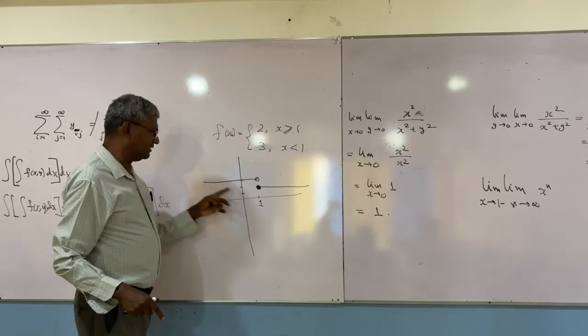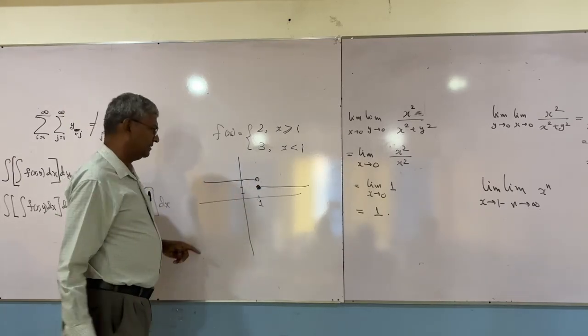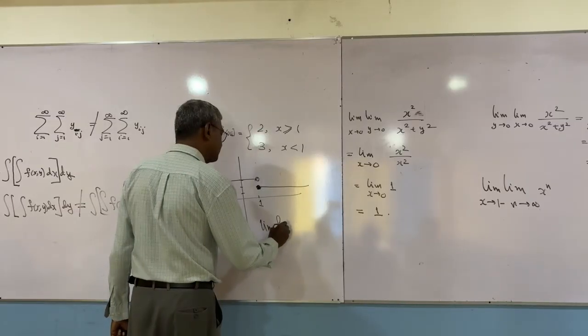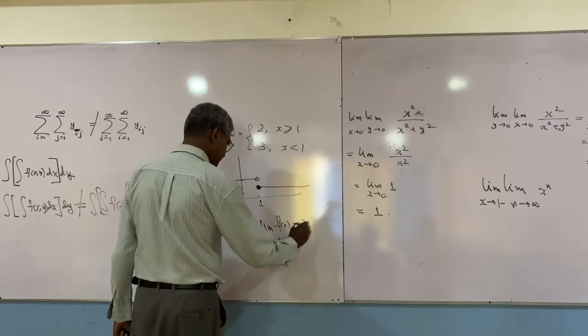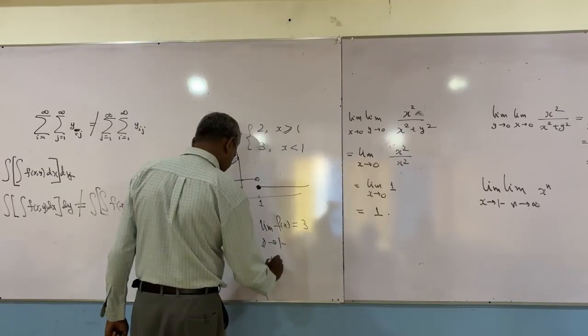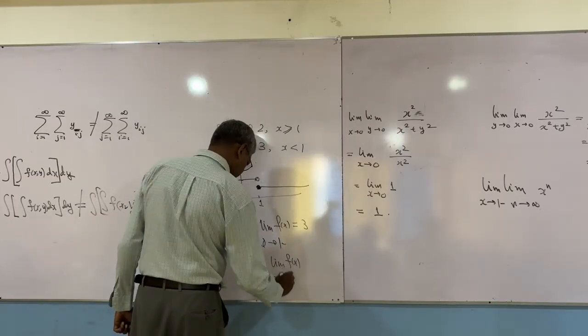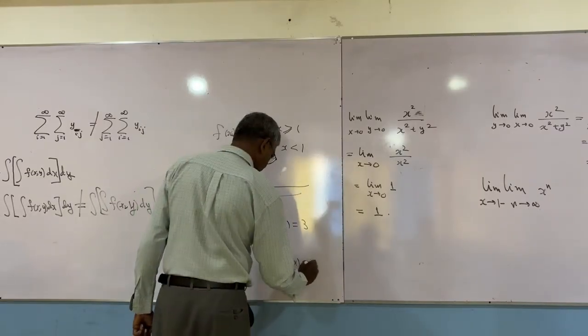When you are approaching 1 from the left, the limit is 3. So the limit of f(x) as x tends to 1 minus is 3. The limit of f(x) as x tends to 1 plus would be 2.